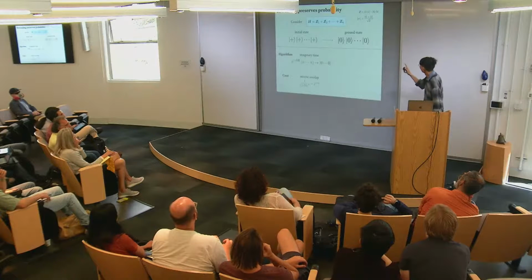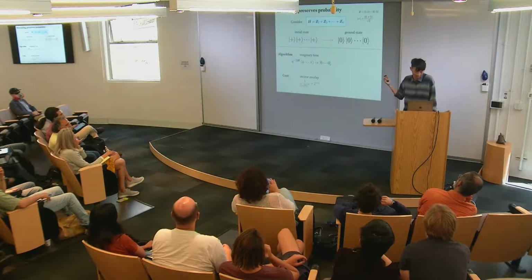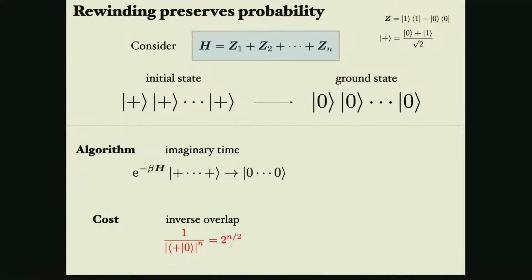Right, so here's unfortunately another classical Hamiltonian that illustrates at least what this is doing: the fact that it's preserving probability saves you from lots of problems. So suppose you want to prepare the ground state of this classical Hamiltonian. It's all 0, and you start with an initial state that has little overlap.